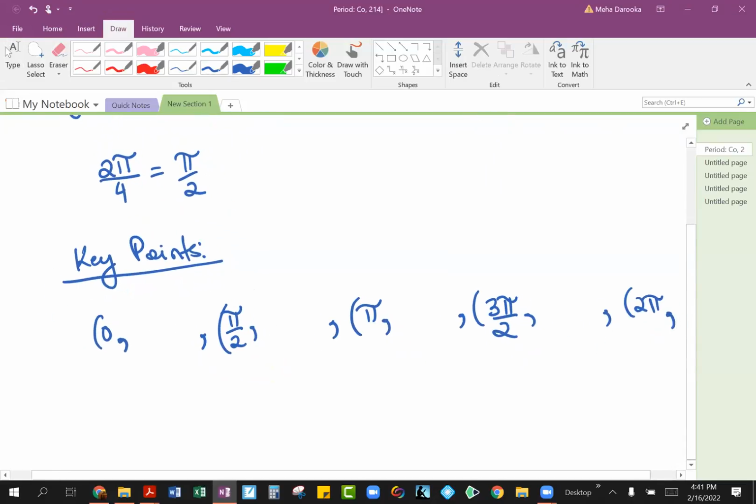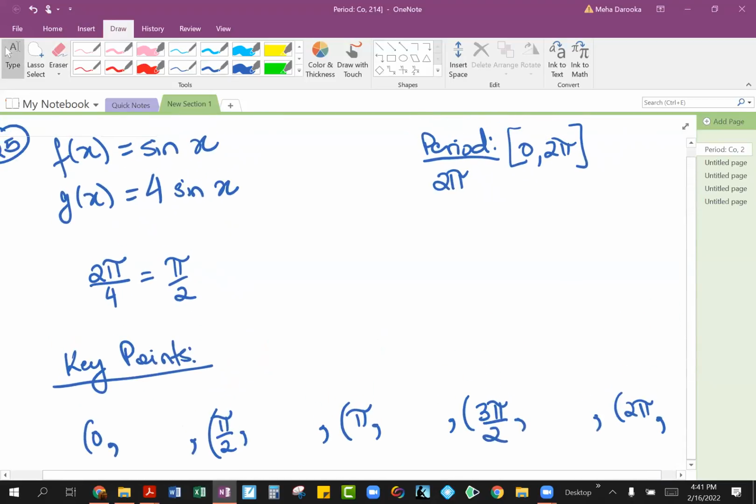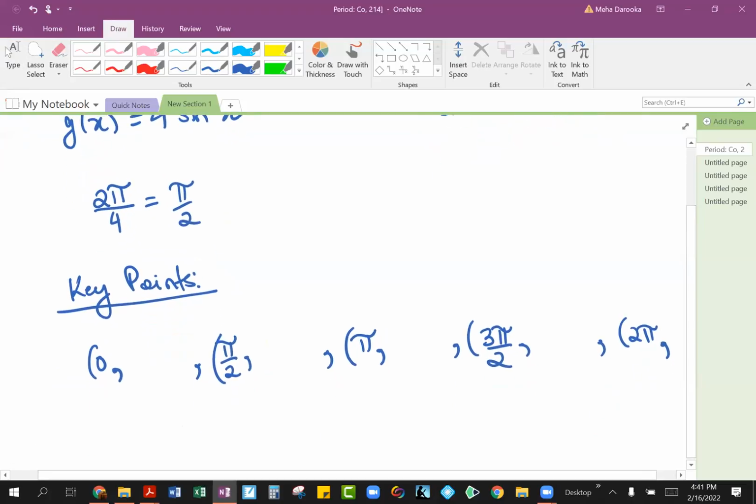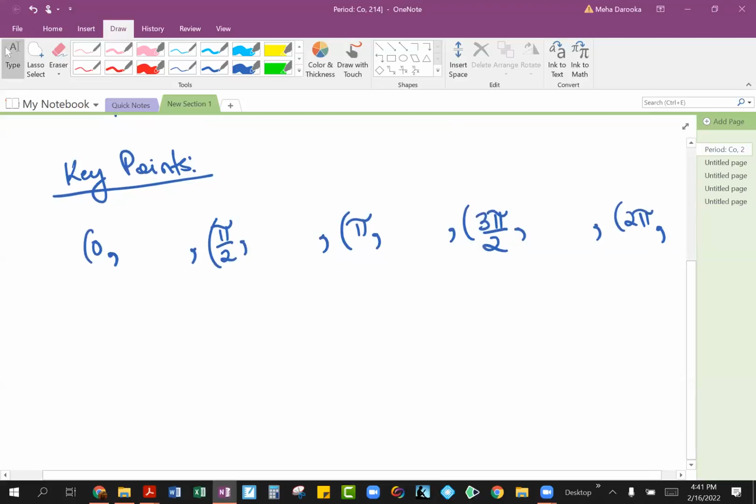So now if you take these x values and put them into your g of x function, what are we going to end up with for our y coordinates here? So if we start with the first ordered pair, what will this give us?